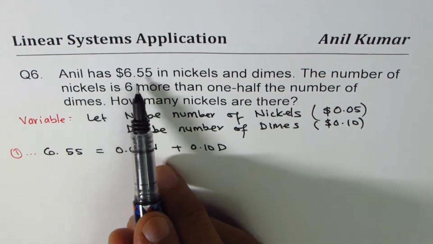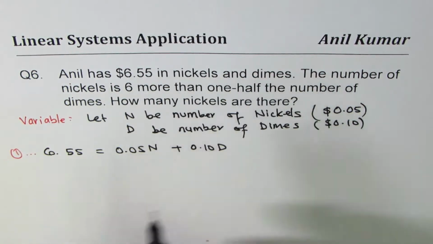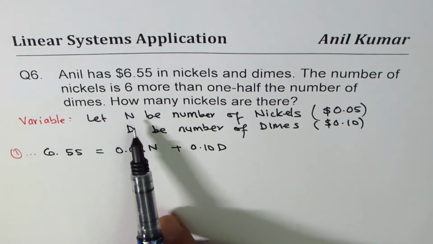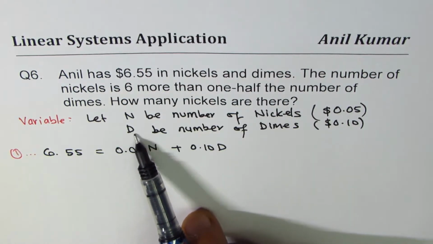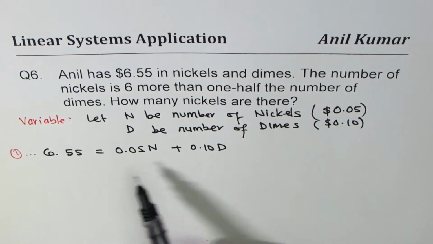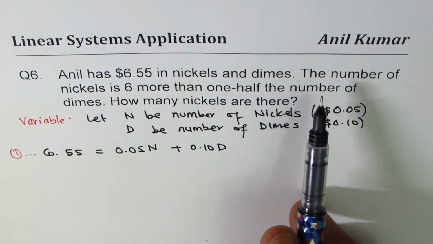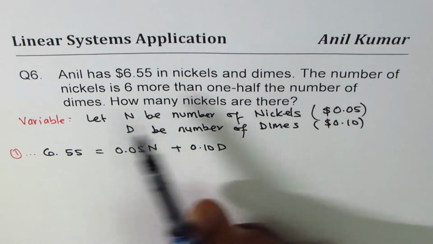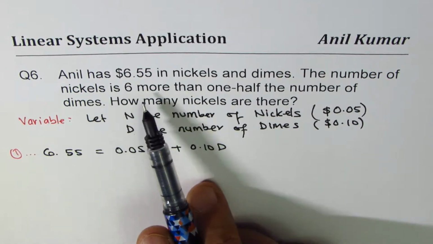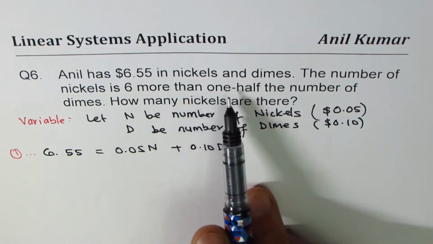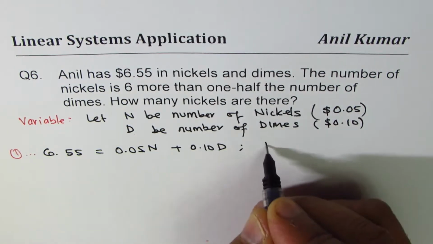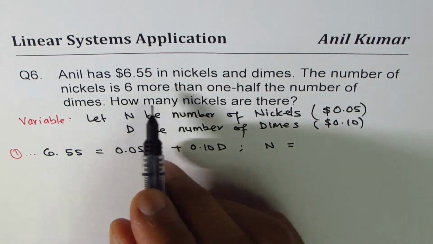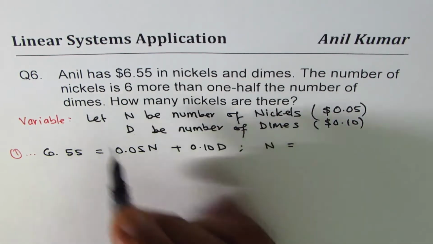Anil has $6.55 in nickels and dimes. So nickels will be number times the value, dimes, number times value, total amount. Next statement is the number of nickels is 6 more than one half the number of dimes.